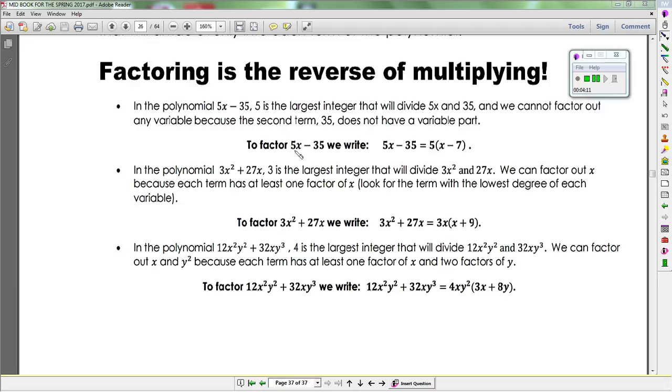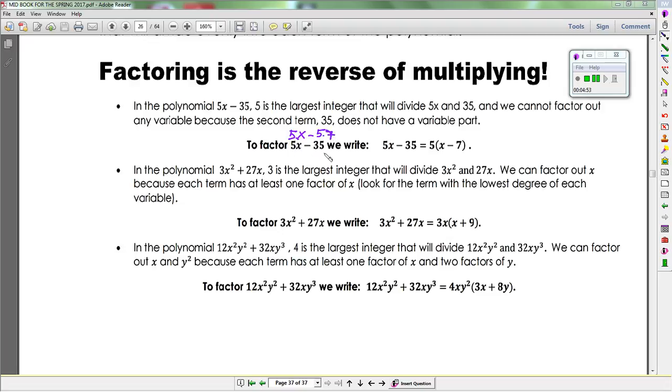If we are asked to factor the expression 5x minus 35, the first thing we have to look for is the greatest common factor. Each one of these 2 terms: 5x factors as 5 times x, and the factors of 35 are 5 times 7.